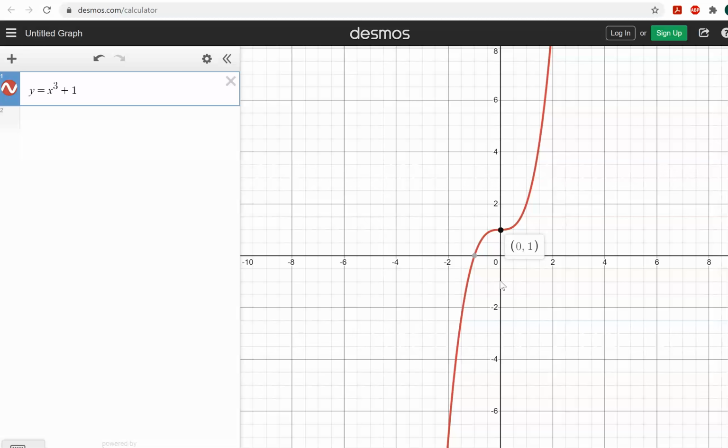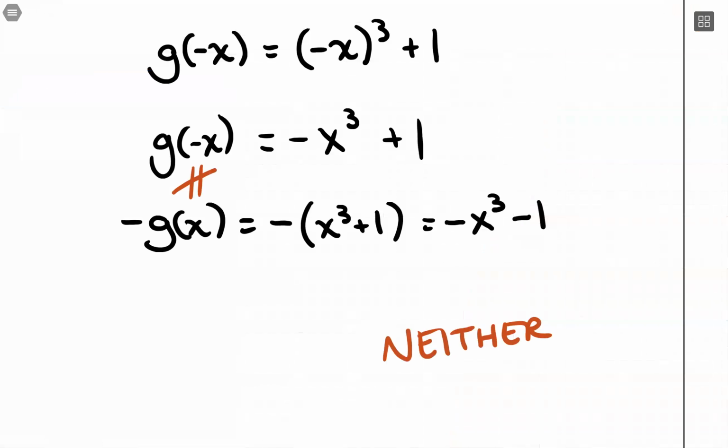So if I do my two reflections, even just following this 0, 1, it would stay put for the y-axis reflection, because it would just land on top of itself. But then it would be moved across the x-axis, and I'm landing somewhere totally different. So if you play around with drawing this on your paper and thinking about folding it and moving it around, when you do the two reflections, you'd end up somewhere totally different. So with that, it's not even, it's not odd, so we just say it's neither.